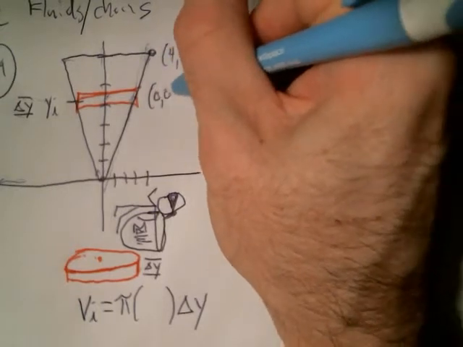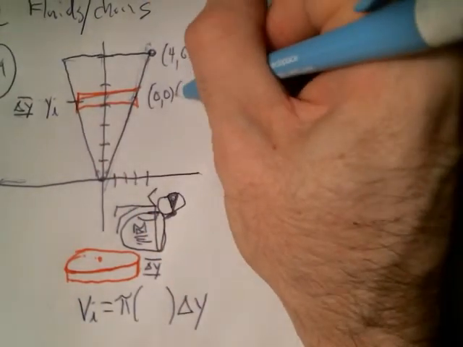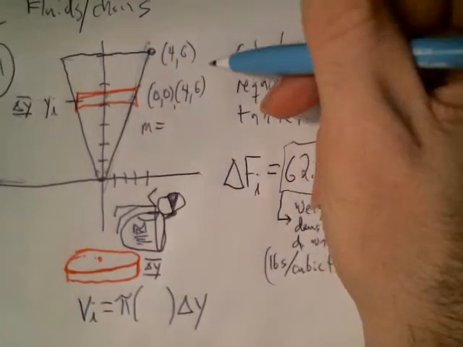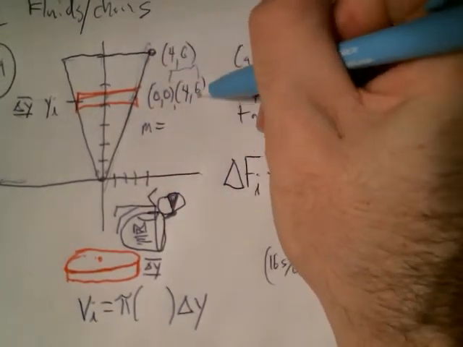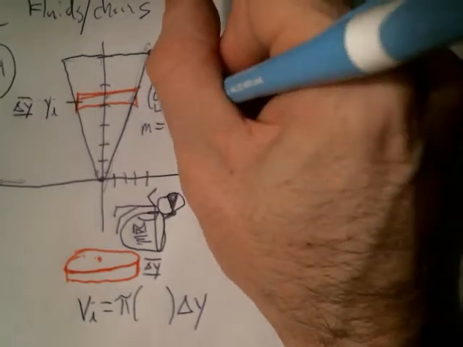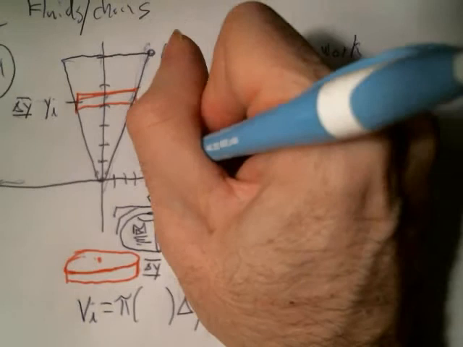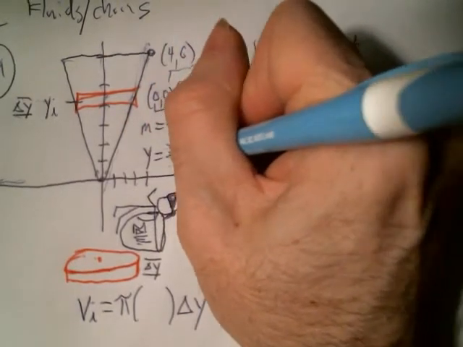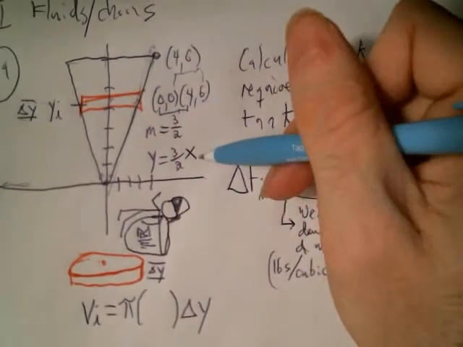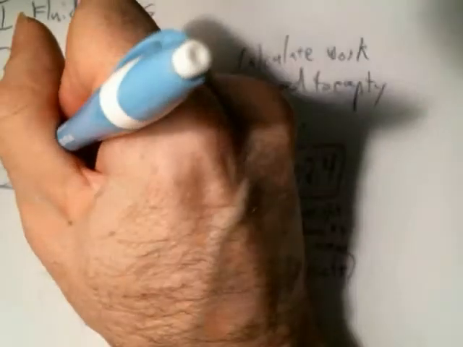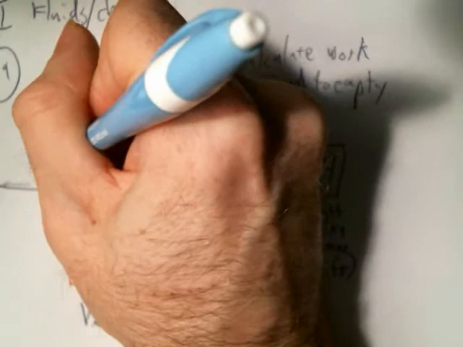It's going through (0, 0) here and then (4, 6) here. The slope in that case will be 6 over 4, so it would be 3/2. And so my equation is y minus 0 equals 3/2 times x minus 0, but I need it in terms of y, so I translate it into x equals 2/3 y.